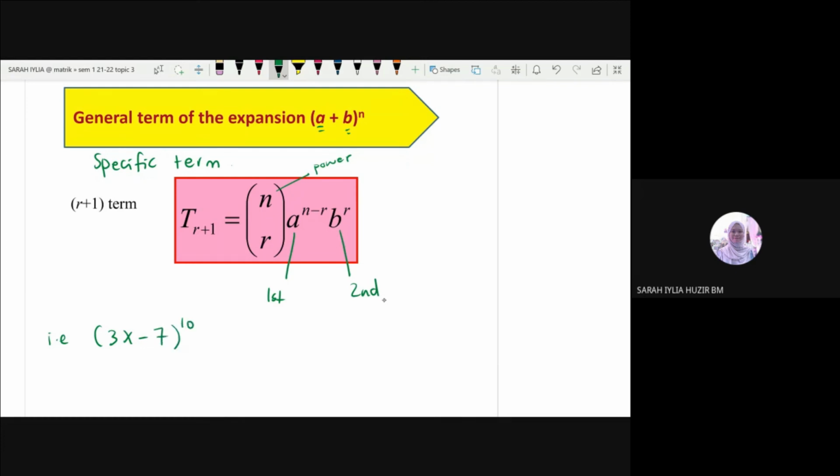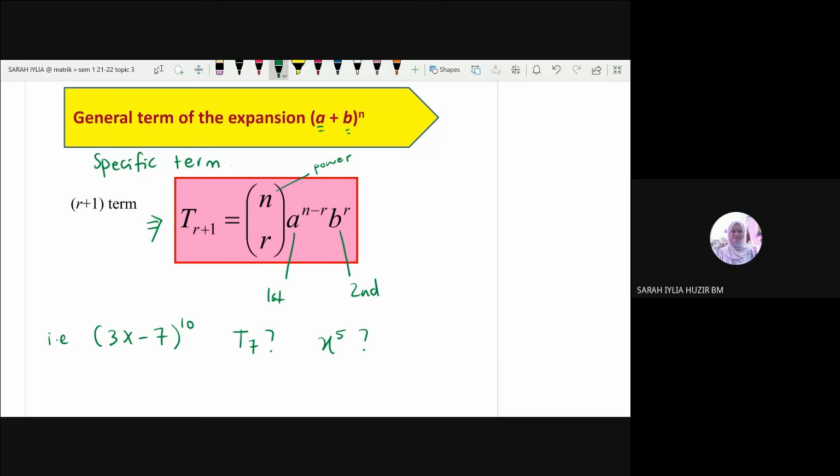Soalan tak nak expand, dia suruh cari term yang ke-7. Satu term je dia minta, specific. Ataupun dia kata cari term yang ada x kuasa 5. Macam tu. Satu benda je dia minta. So, bila spesifik macam ni, kita akan guna formula TR plus 1. Kita tak payah guna expansion yang panjang-panjang tadi.